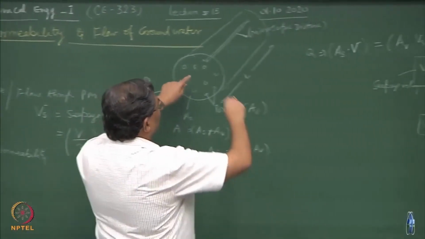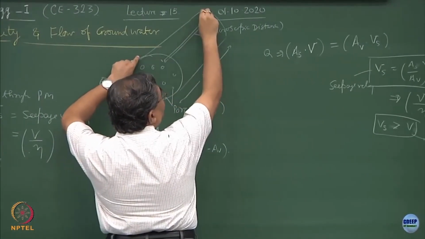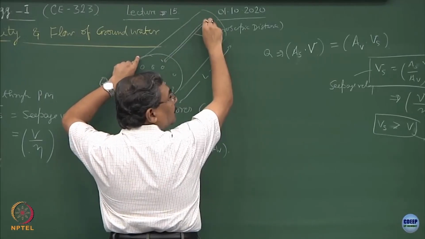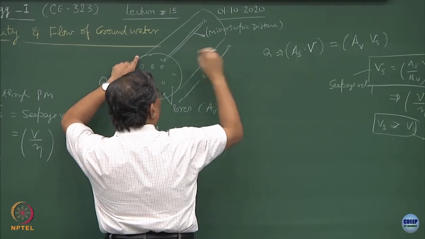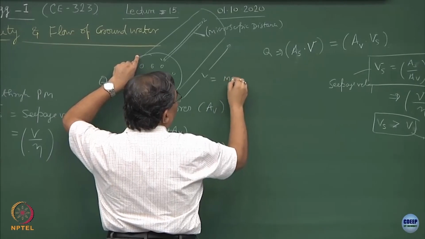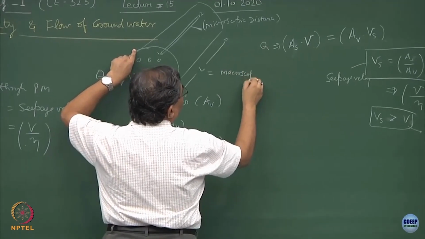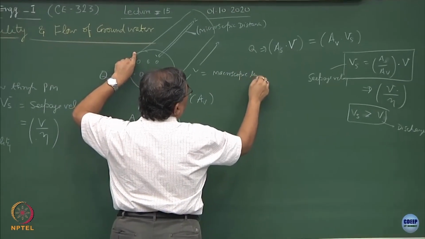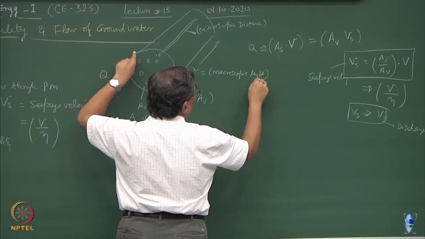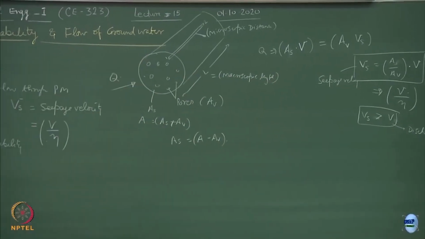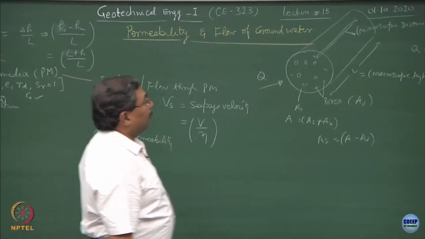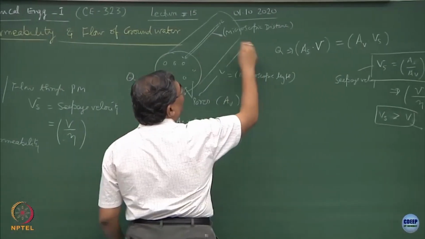The water molecule has to travel from one point to another point either in the microscopic length or in the macroscopic length. So, L will be the macroscopic length, to maintain the continuity.